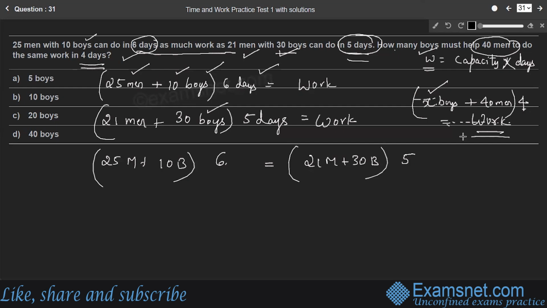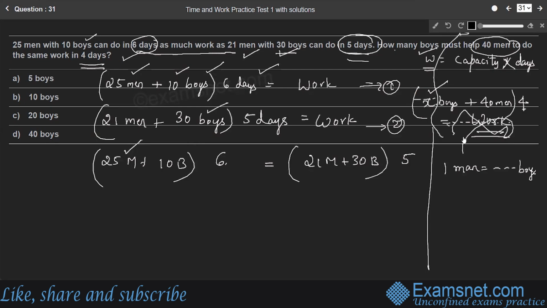For that, we need the relation between number of men and number of boys. That means one man is equal to how many boys? That we need to find. Then you can easily find the total work, using either the first equation or the second equation.